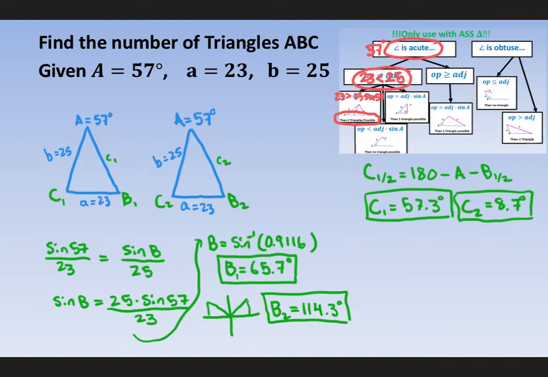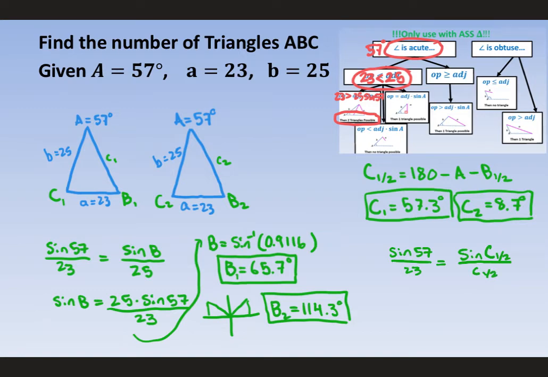Once again, just to save space, I'll do the work one time with this slash notation. So I'll say, I have to use law of sines, sine of 57 over 23 equals the sine of, I'm looking for little c, so I need to use big angle C1 and C2. If I use big angle C1, it'll give me little c1. If I use big angle C2, it'll give me little c2.